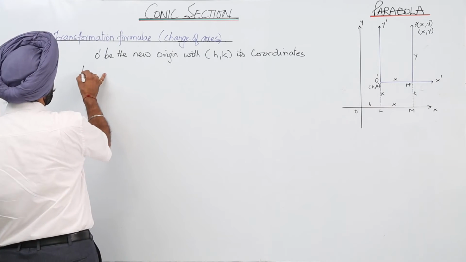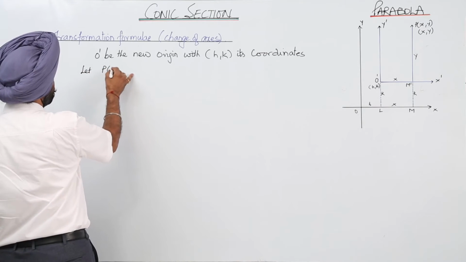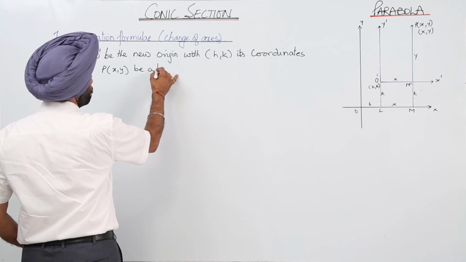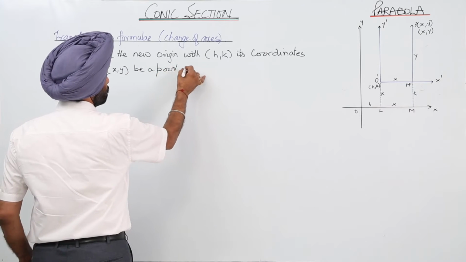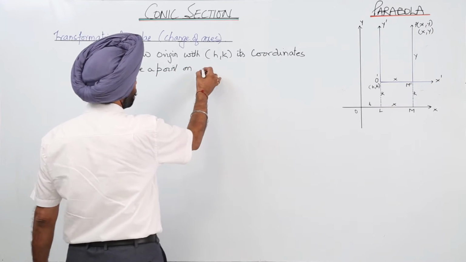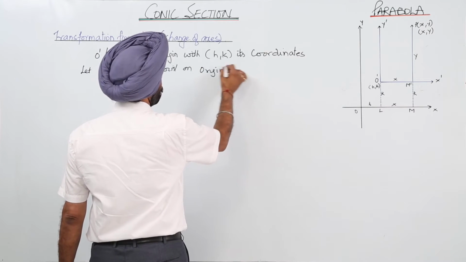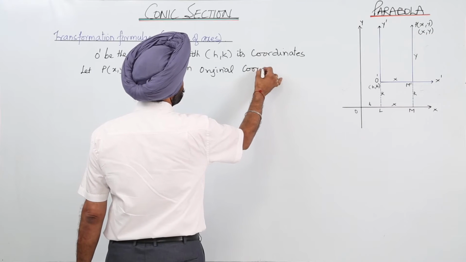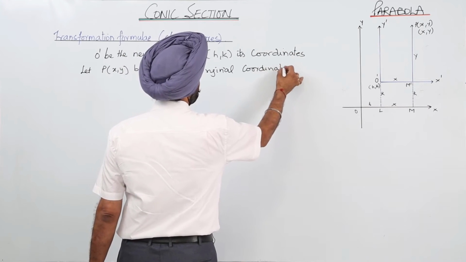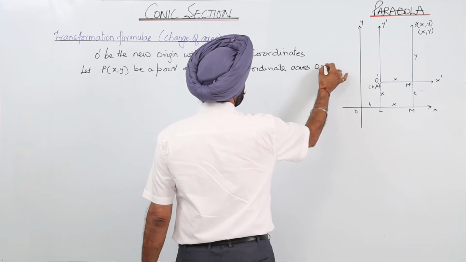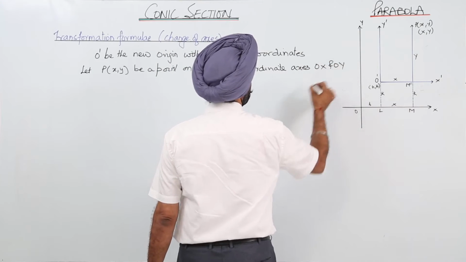Now let P x comma y be a point on the original coordinate axes OX and OY.